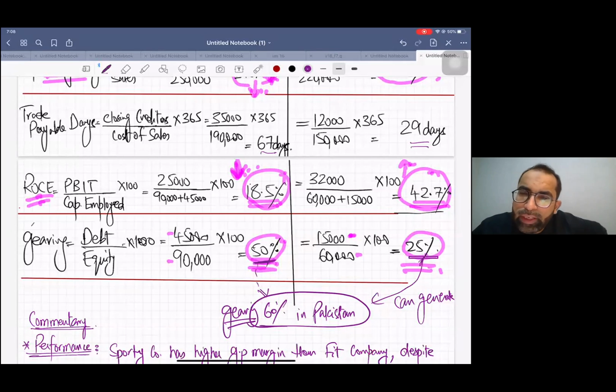One extra point: let us say I need some cash and I go to the bank to take a loan. The bank will first ask if I have already taken loans, and if I have already taken a lot of loans, the bank will reject. The bank will say goodbye, we can't give you. So if a company is already highly geared, they can't generate more new loans. I hope you got it. Did you understand these points or not?